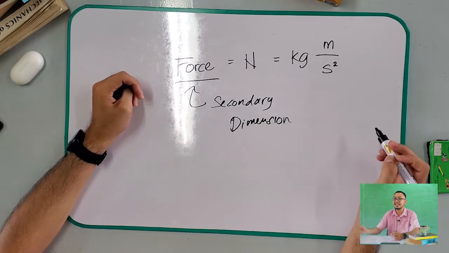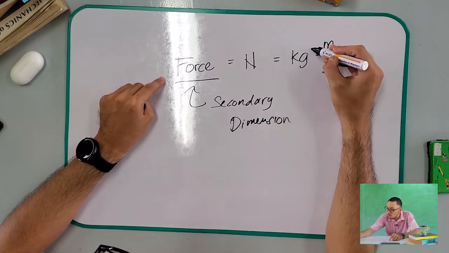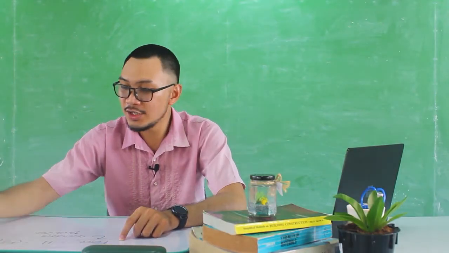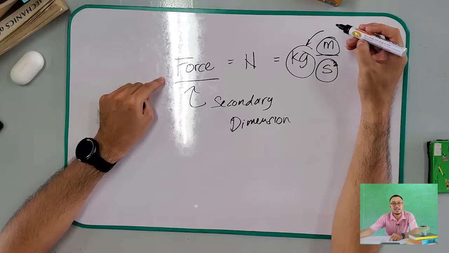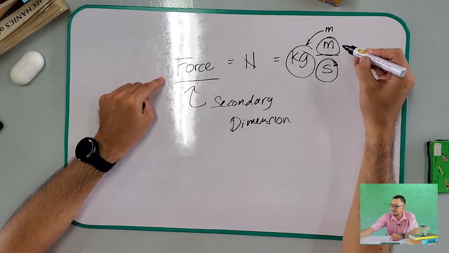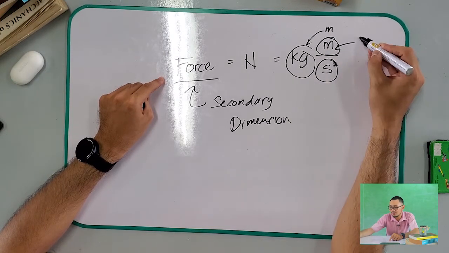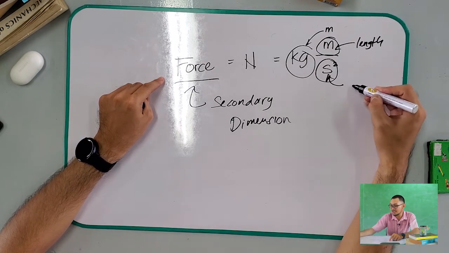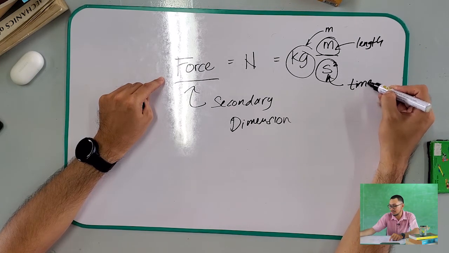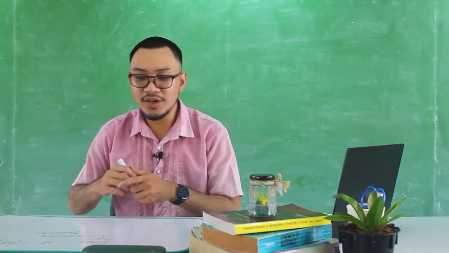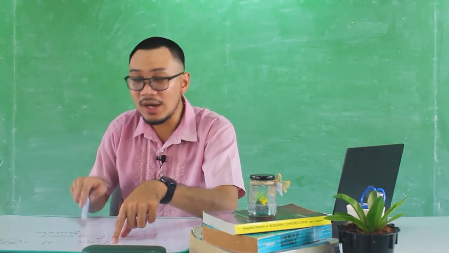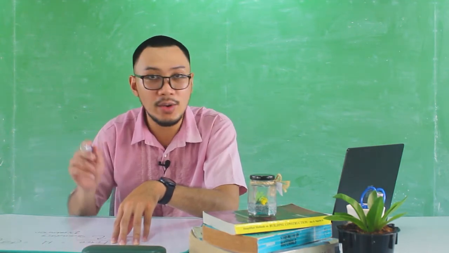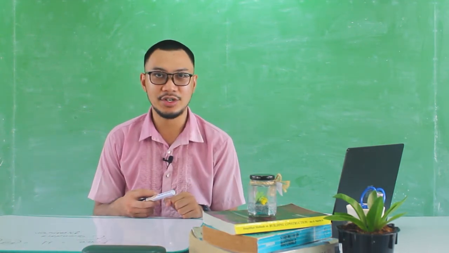Because it is derived from 1, 2, and 3 primary dimensions. So kilogram is a dimension of mass, meters is a dimension of length, and seconds is a dimension of time. So force is derived from 3 primary dimensions. So mao nang gitawag na siya og secondary dimensions.